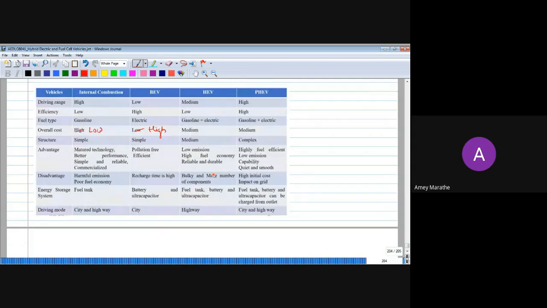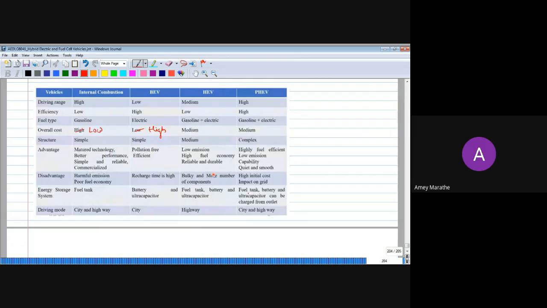The advantage: it is mature technology, battery performance, simple and reliable, and it is commercialized. It is pollution free, if it is efficient, low emission, high fuel economy, reliable and durable. And harmful emissions, poor fuel economy, recharge time is high, bulky, and more number of components. Energy storage, we have fuel tank, battery, and ultra capacitor.